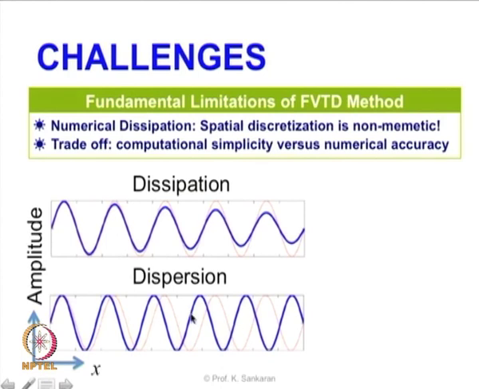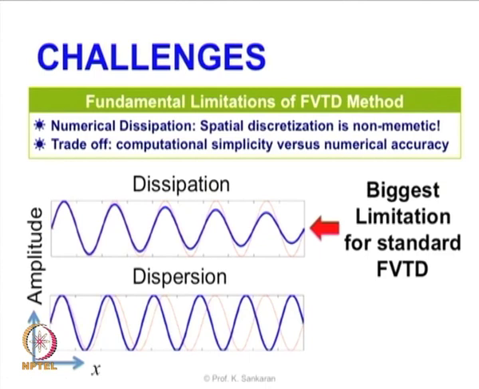In the case of finite volume, the biggest challenge is the numerical dissipation. Of course, I have here exaggerated the numerical dispersion in a way to showcase the meaning of dispersion, but in the case of finite volume we definitely have dispersion, but this dispersion is not as exaggerated as it is shown here. This is just for the example.